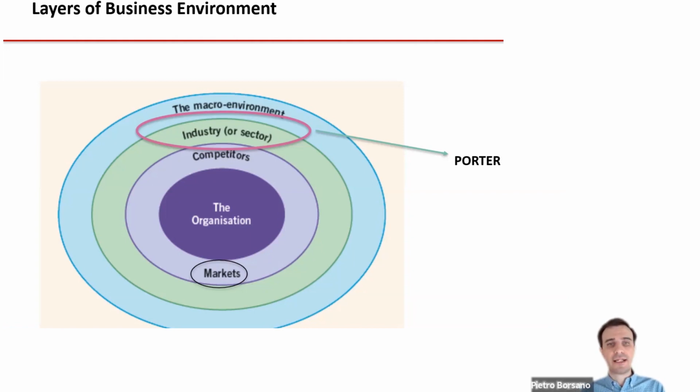So industry analysis is not about our company in the industry, but about how attractive, how appealing the industry is. Essentially, it answers the question: should we enter the industry if we are not in it, or if we are in that industry, should we stay? Should we hold our position in the industry?